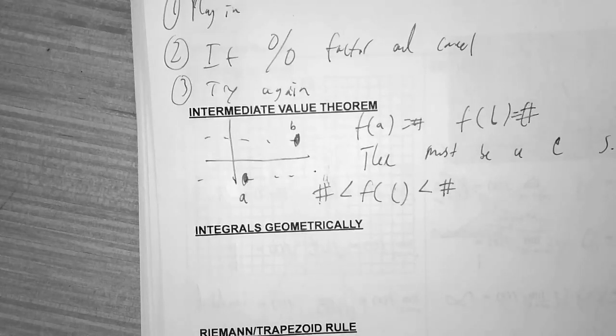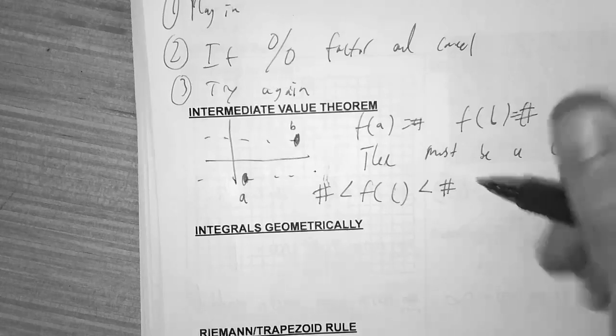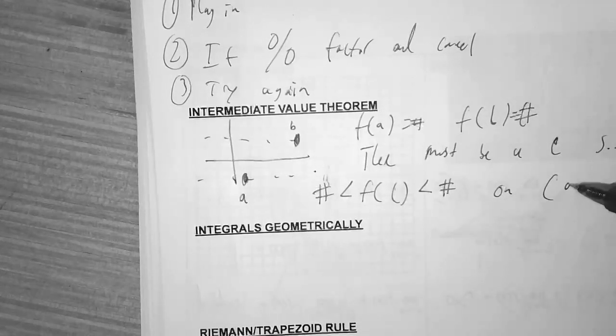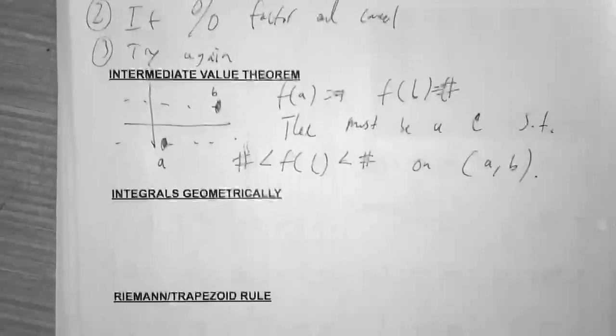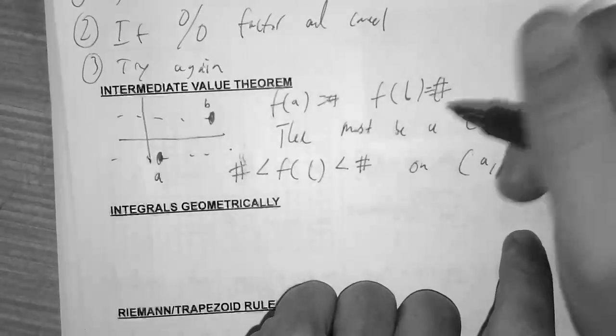That's what we're saying. On a, b. Oh, it must be continuous.